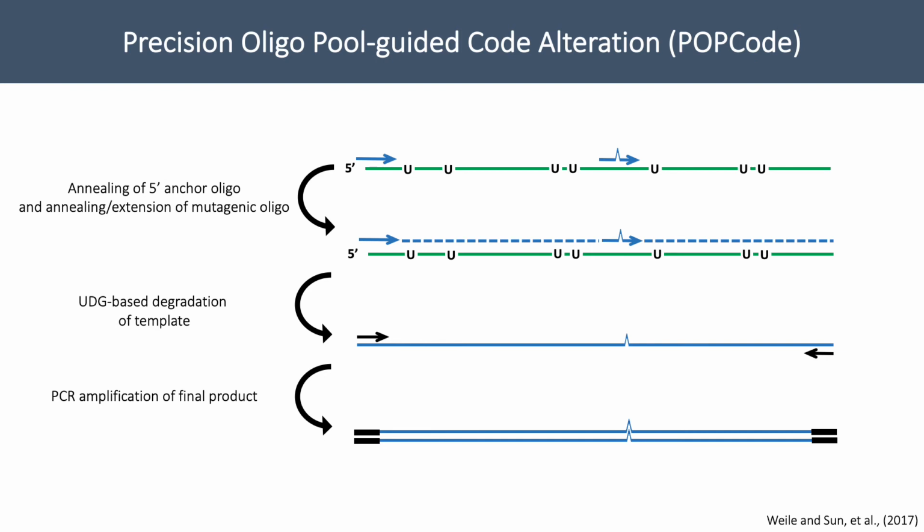So it's denatured, and we combine it with a pool of mutagenic oligos and also a molar excess of a 5' oligo. And this is incubated with a non-strand displacing polymerase and Taq DNA ligase to extend the gaps and seal in the nicks. Then the uracilated template is degraded by UDG and heat treatment. And then the remaining newly generated strands are amplified by PCR.